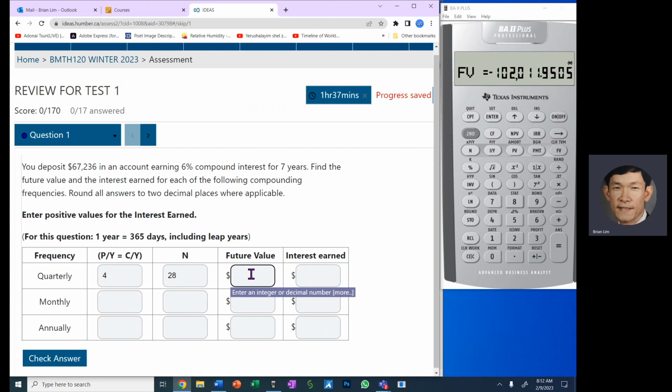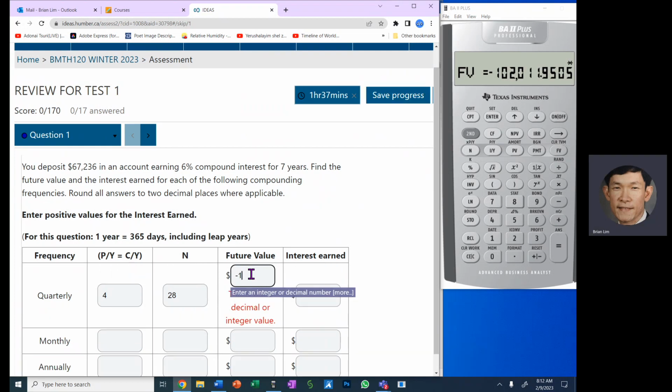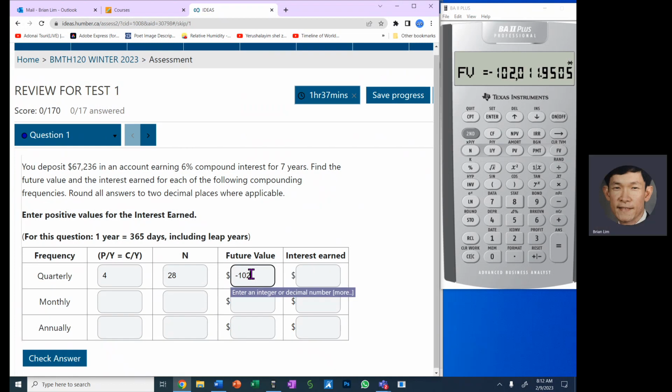Now, you can enter a negative or you could enter a positive number. It doesn't really matter. So if you like, you can put in the entry as it is there, 102,011.95, 2 decimal places. All right, the interest earned, what we do is we take this future value, we click on plus minus, we make it positive, and then we subtract this present value right here.